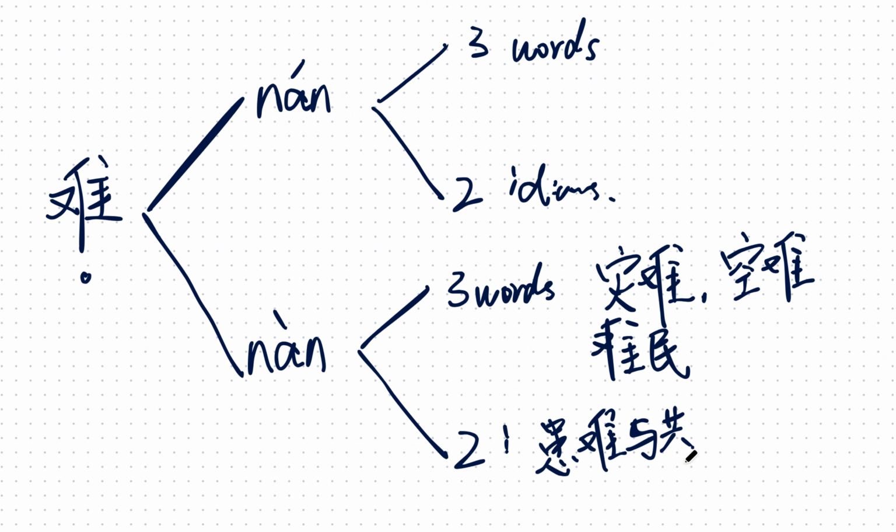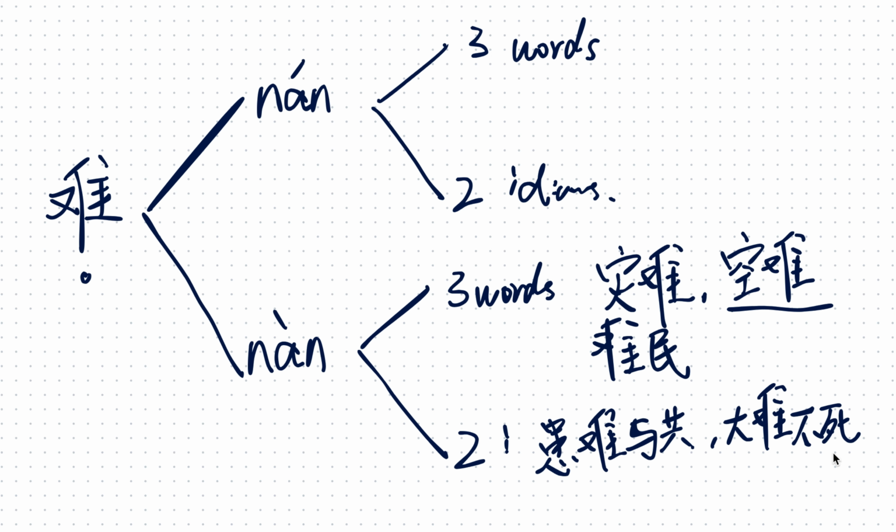Okay, 2 idioms. 患难与共 means a group of people, or 2 people, or you and I, experienced bad things together. 大难不死 means somebody or you survived some severe accident, like here, a plane crash, and you survived.